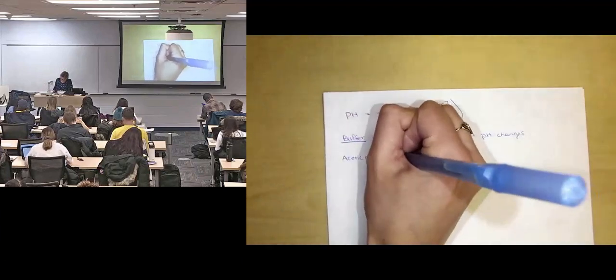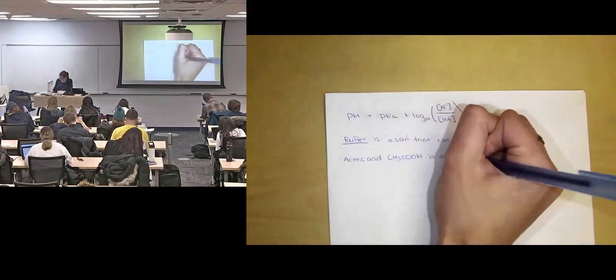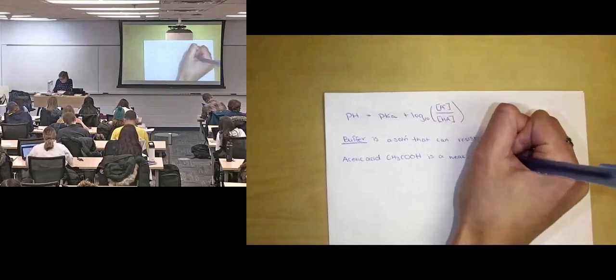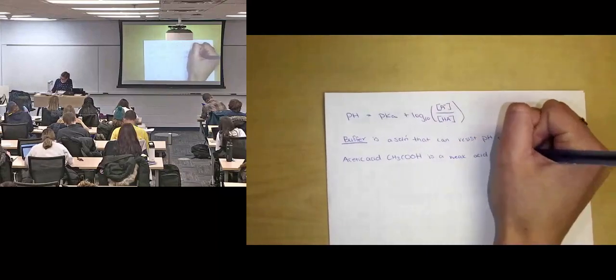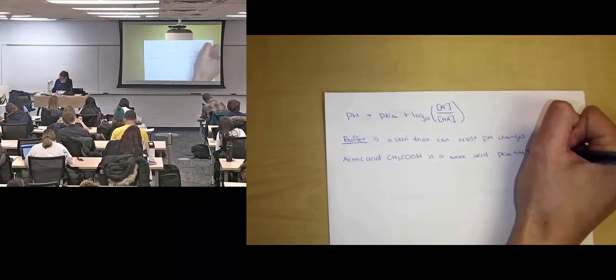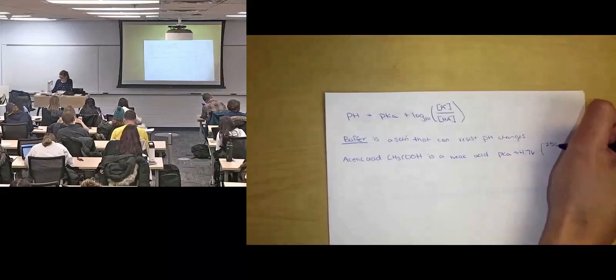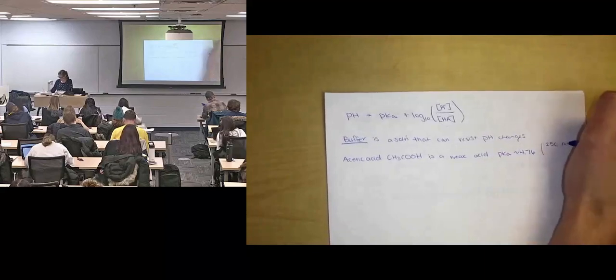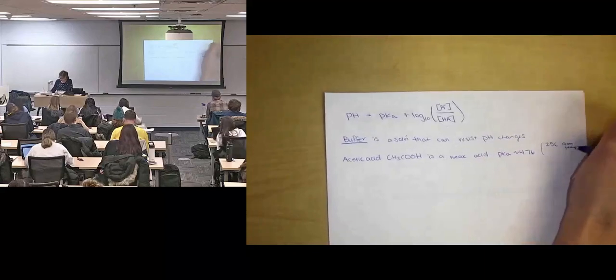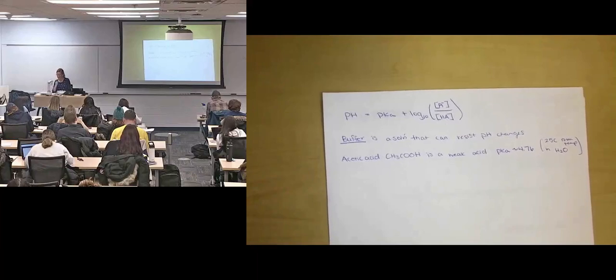Acetic acid, CH3COOH, is a weak acid with a pKa of about 4.76. And this is for 25C or room temp in H2O, okay? So your pKa might vary depending on temperature and what the solution is.